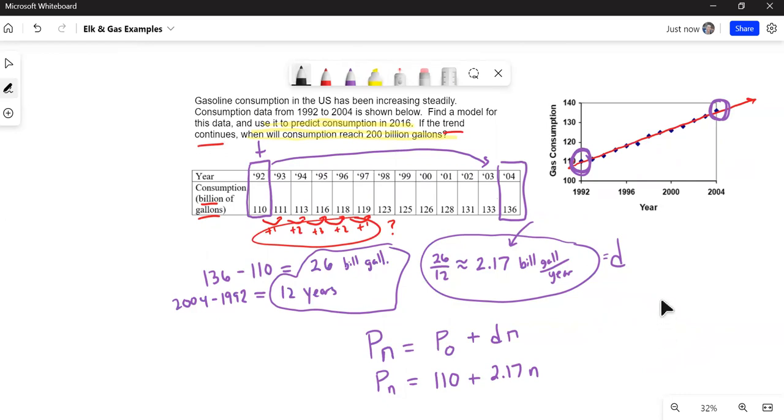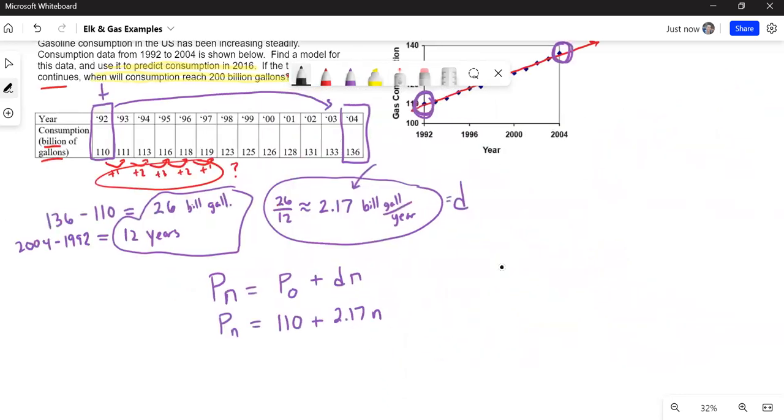2016 would be how many years from our start? If we started in 1992, that would be a total of 24 years from the beginning. So in 2016, P sub 24 is equal to 110 plus 2.17 times 24.